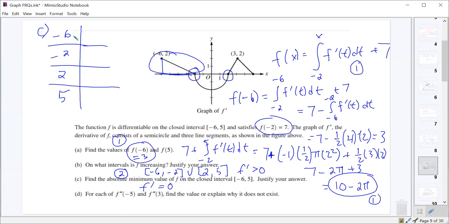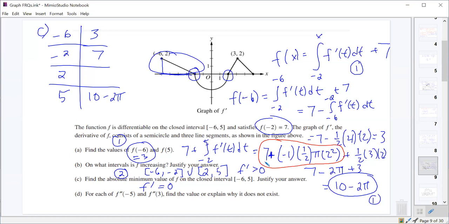At -6, we already found that value. That was 3. At -2, we know that value. It was 7. At 2, we didn't find that value specifically, but we can get it in a second. At 5, we did find that value. It's 10 minus 2 pi. And at 2, that was just the integral from -2 to 2, which is what we got right here before we added that extra triangle piece at the end.